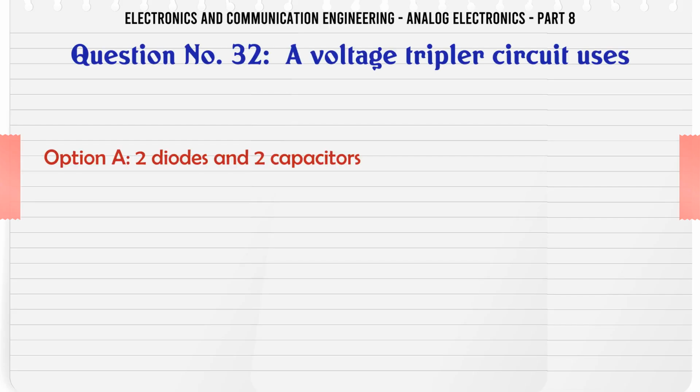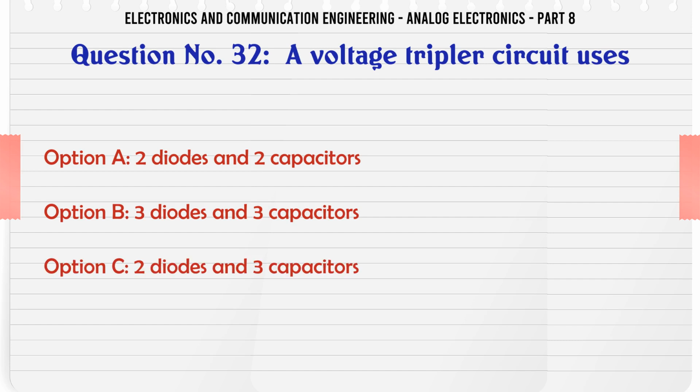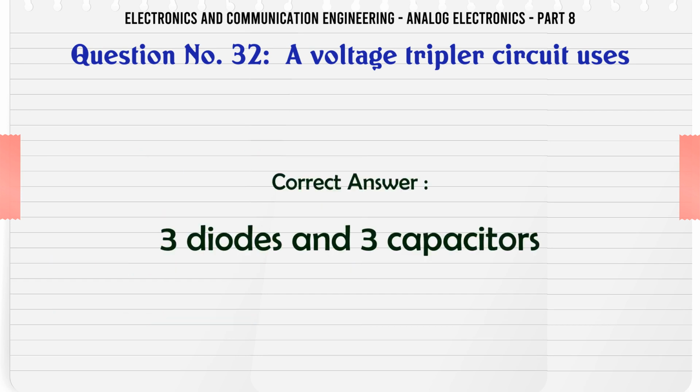A voltage tripler circuit uses A. 2 diodes and 2 capacitors, B. 3 diodes and 3 capacitors, C. 2 diodes and 3 capacitors, D. 3 diodes and 2 capacitors. The correct answer is 3 diodes and 3 capacitors.